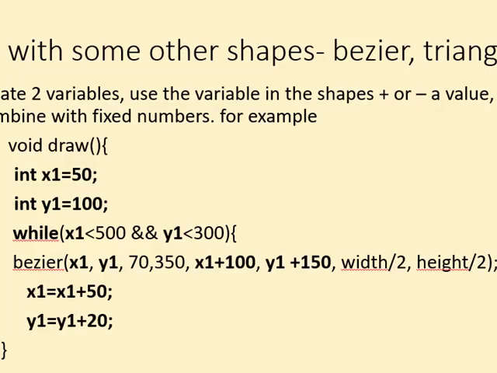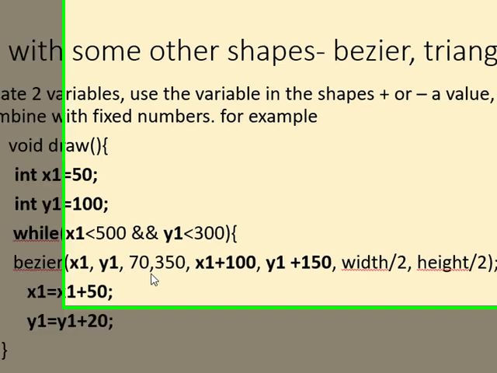Let's try some other shapes, besides just our circles here. Here's an example where I create two variables this time. And this is something I like about the while statements: you can have two different variables in your Boolean. Remember, it's a double and. So in this case, I made a variable for my x1 and my y1, and I'm saying while they're less than 500 and less than 300.